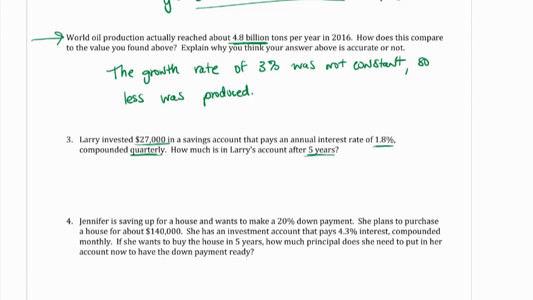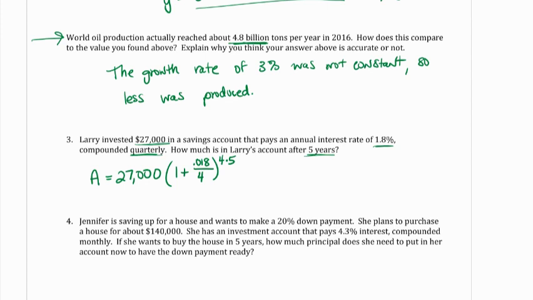Using our compound interest formula, A equals our principal, which is 27,000, times 1 plus our interest rate, 0.018, divided by the number of times it's compounded, which if it's quarterly is 4 times a year. And then the exponent is n, which is 4, times t, which is 5 years.